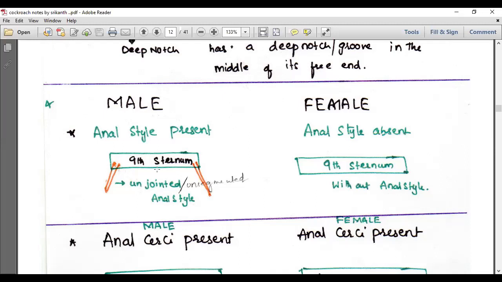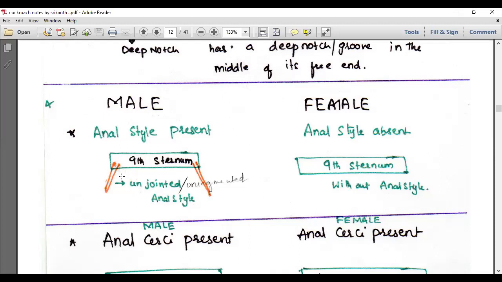So with this anal style, you can recognize which cockroach is male and which is female. That means we can say this is a sexual dimorphic character. What is a sexual dimorphic character? If you can recognize a particular organism as either male or female by looking at the external features, that is sexual dimorphism.